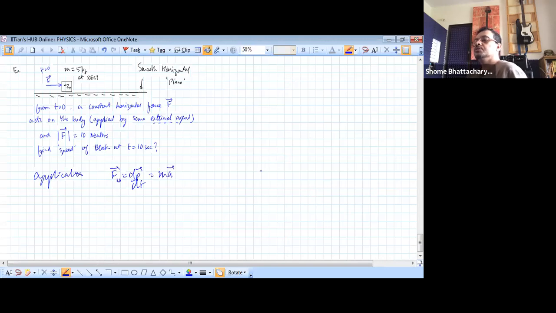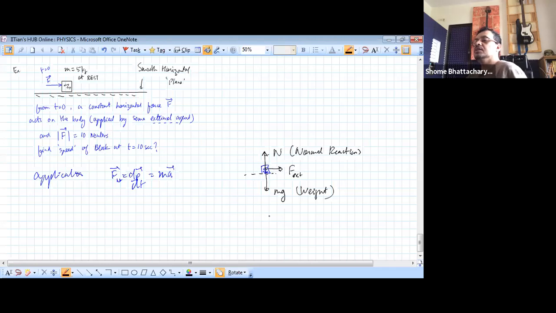Now when you think of that body, there are a number of forces acting on it, but the net force is very simple, because while gravity is pulling it down with what we call the weight of the object, the table or the horizontal surface is supporting it by what we call normal reaction. So these two cancel each other. But the external force that I'm applying, which is along this direction, horizontal, that goes unchallenged because there's no friction.